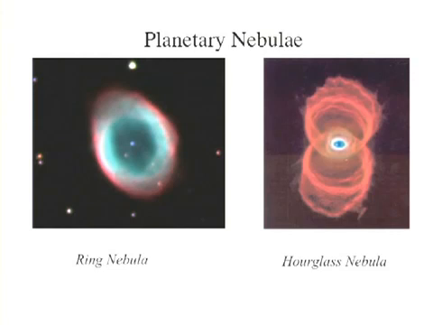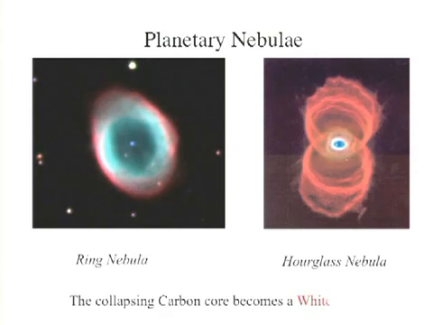Now, this has lots of material that was pushed out as rings. These four rings, I guess, are pushed out. It's not really spherically symmetric, but it pushes them out. And this one has an eye looking at you.